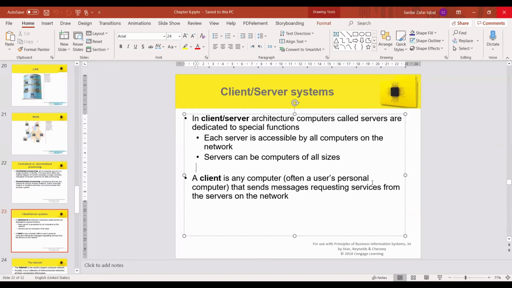Which type of server? There are different types of server. There's one server that holds the address of the websites. What do we call it? Anybody knows? Have you heard the name DNS server?